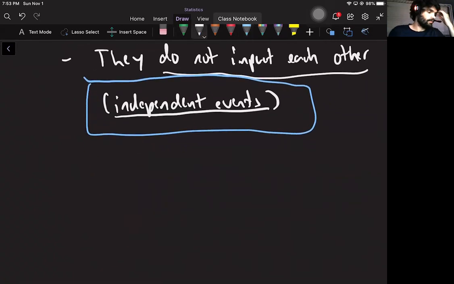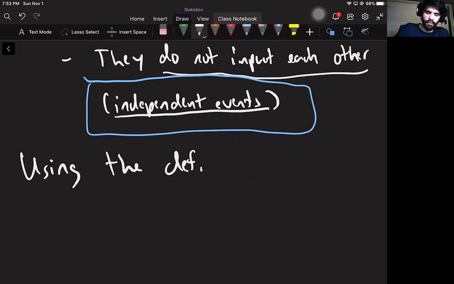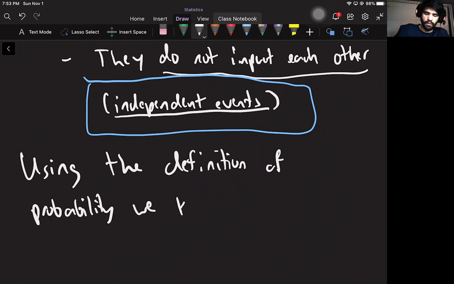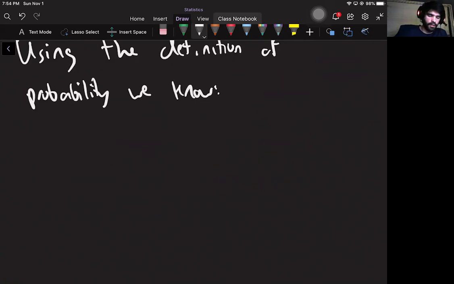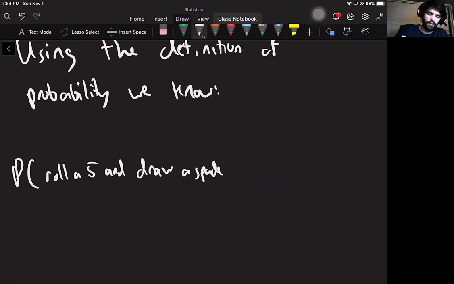Okay, so now let's answer this question. Because we don't know how to do it, we're going to use the definition of how we think about probability. So what do we know? How do we deal with probability? Well, we use this big fancy notation first of all. So P of, and then we write the event down, roll a 5 and draw a spade. What should that equal?